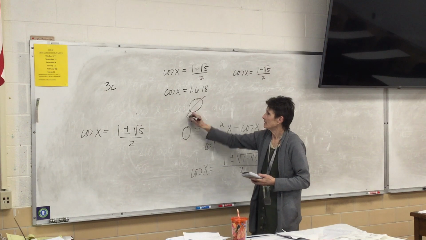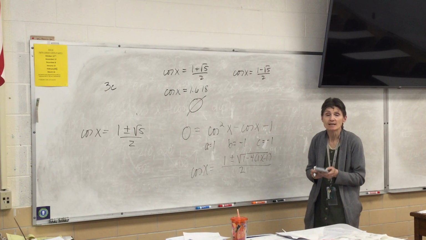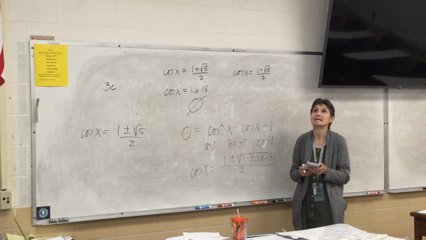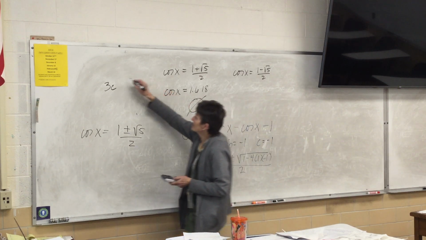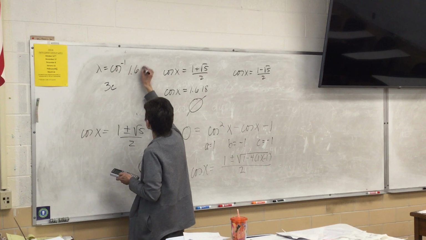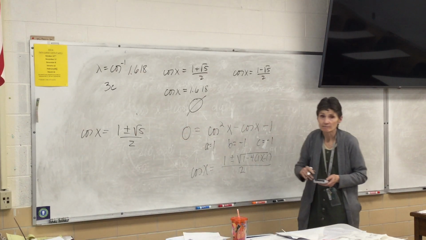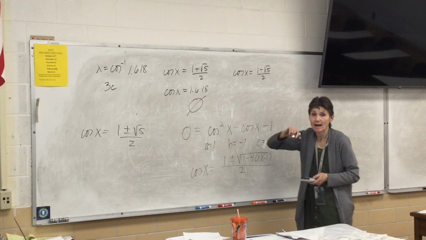Stop right there. We just talked about it. Cosines and sines can never be bigger than 1. It is impossible. If you did second cosine 1.618, it would say error. So go ahead, do it. It says error. There's no answers that are going to come from that one.